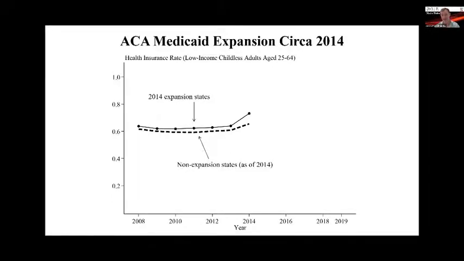I think there were lots and lots of health policy researchers and health economists and other social scientists who were just ready. They had the data coded up so that as soon as they got data from the Current Population Survey or the American Community Survey in 2014, when these expansions took place, they could do exactly what you see on this graph, which is calculate the share of people with health insurance among adults in states that expanded Medicaid in 2014 and states that didn't.